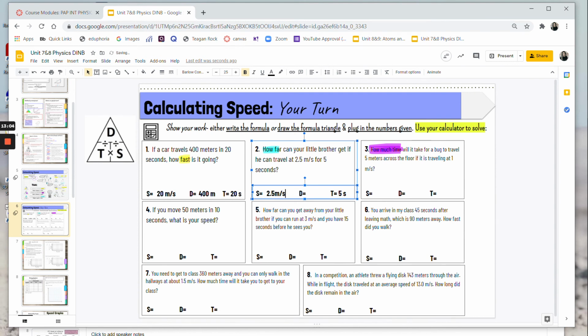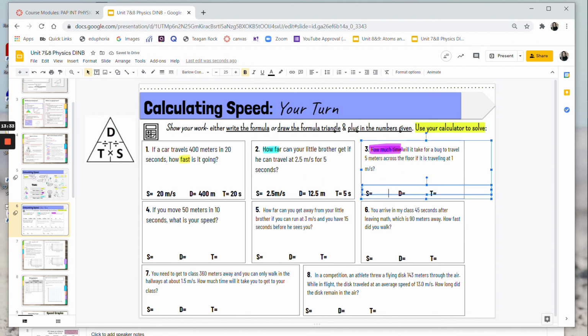So I am looking for a distance. When I'm looking for a distance, I'm going to multiply my t times my s. So I'm going to take 2.5 and multiply it by 5. And I am going to get 12.5. Okay, but not just 12.5, I need my distance, and my distance used in my measurement of speed was meters, so it's going to be meters.